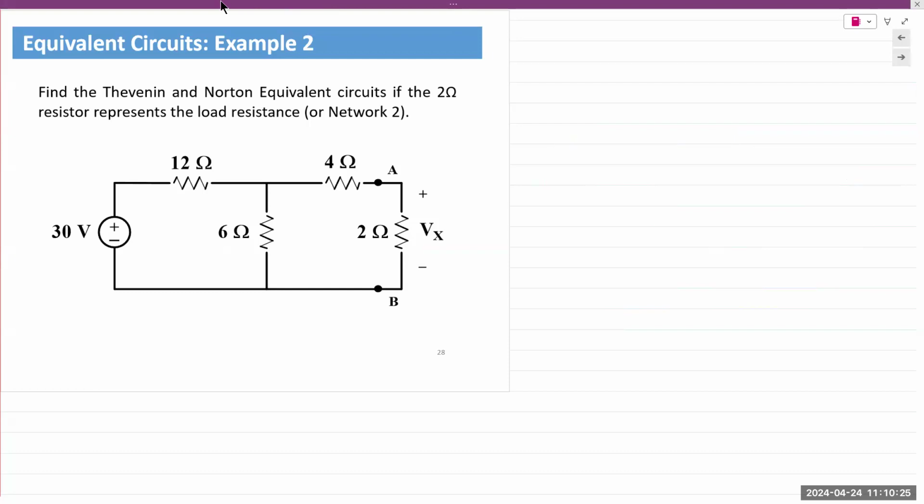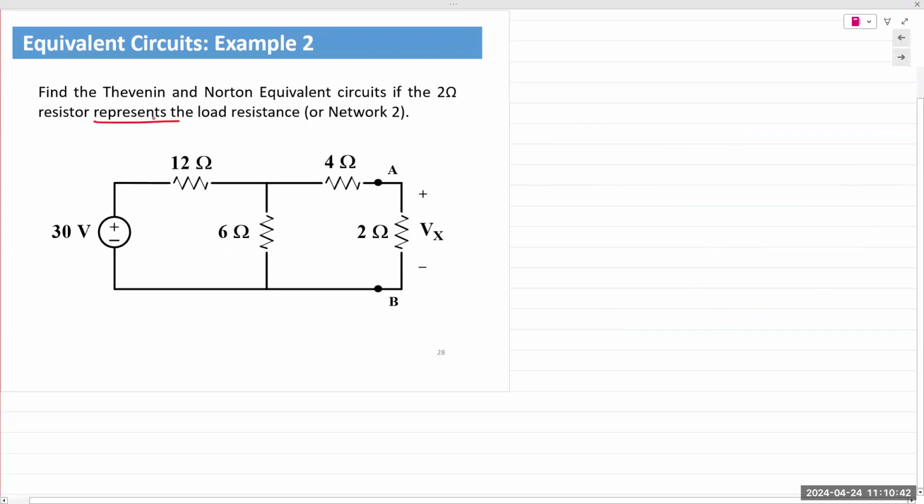So first thing to do is to look at the problem statement. The problem statement is find the Thevenin and Norton equivalent circuits if the 2 ohm resistor represents the load resistance. What does that phrase mean? Represents the load. Load is the follow-on circuit.